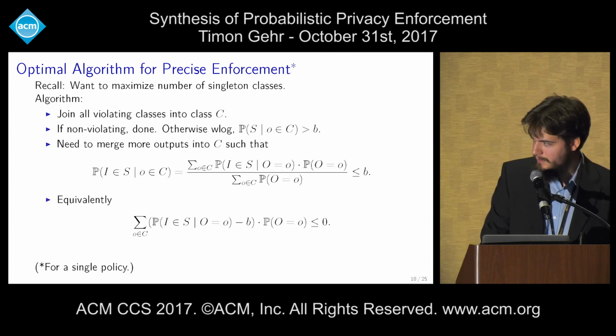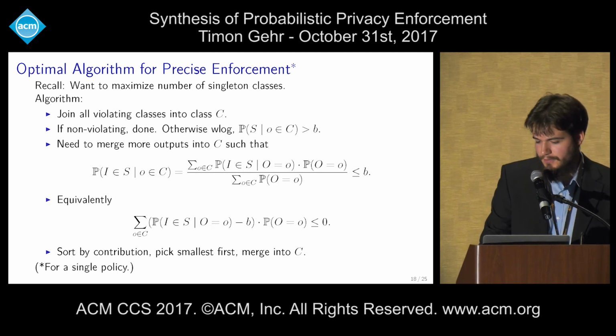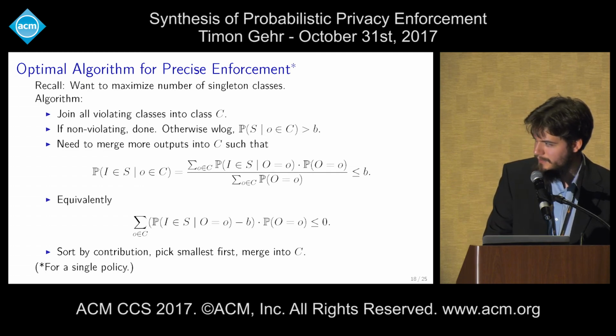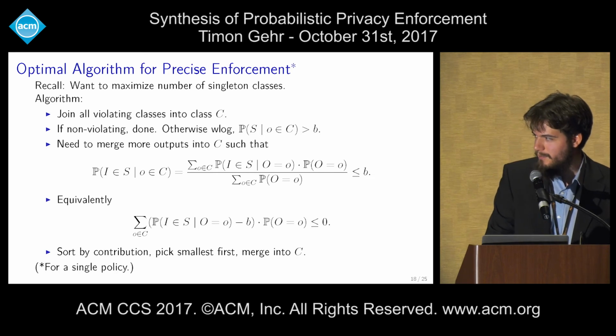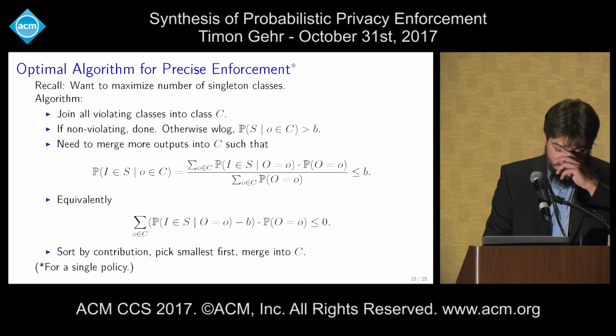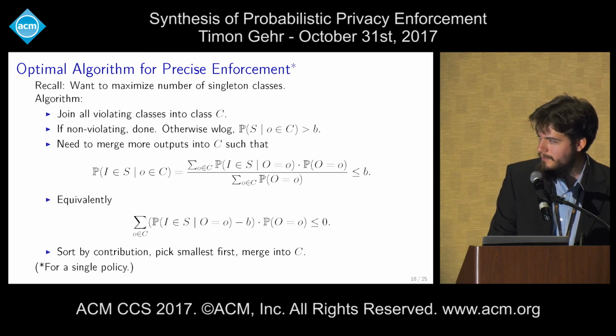Now you can see that we have this sum on the left-hand side where each term only depends on one of the outputs. We want this sum to be below 0, so we're just going to pick the smallest outputs first, the outputs that minimize this expression first. Of course, we still need to keep the outputs in this set that were merged in here. It's possible that by picking some more outputs, we will go below 0.